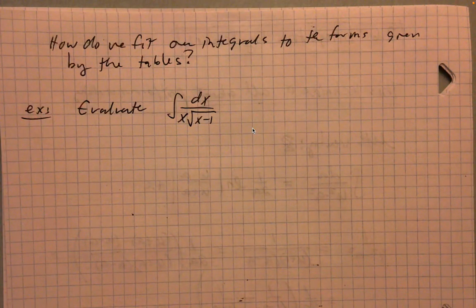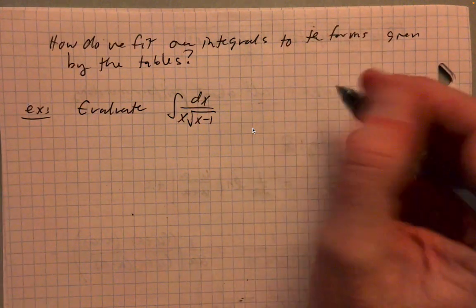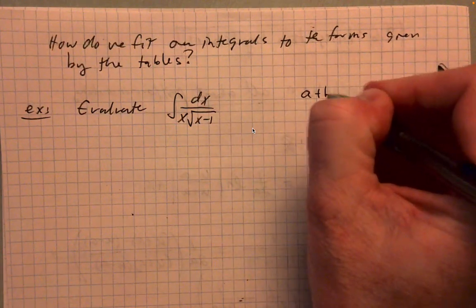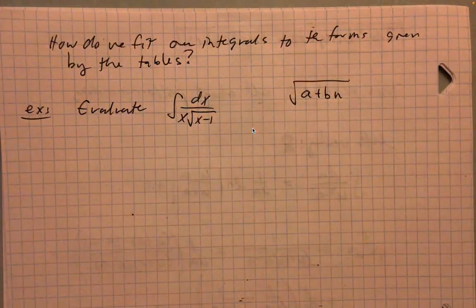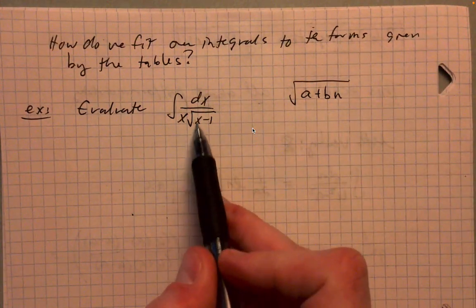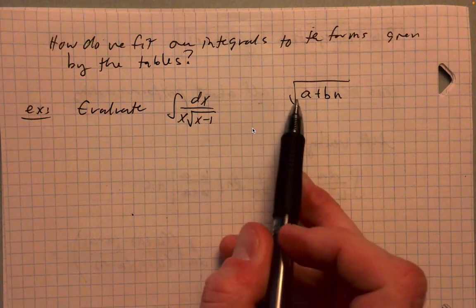Okay. Now, there's a subtle art form to this, clearly. One of the things that you can see here is that this integral involves the form a plus bu. Really, in our case, bu is the x and then plus negative 1 is the a.